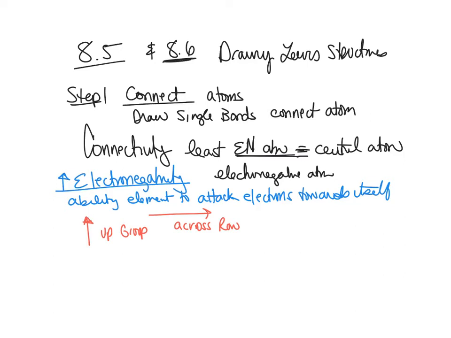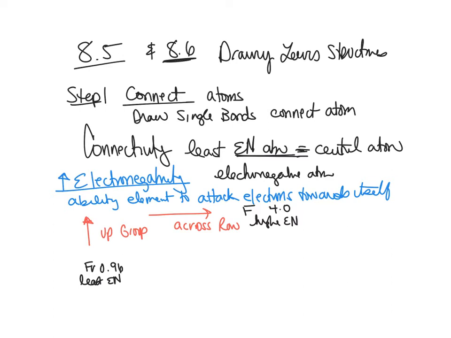To know some true numbers, fluorine is the most electronegative element, and it's a 4.0. That's what we all want in school. The least electronegative element is going to be francium, and I think that's like a 0.96, so it's not even 1.